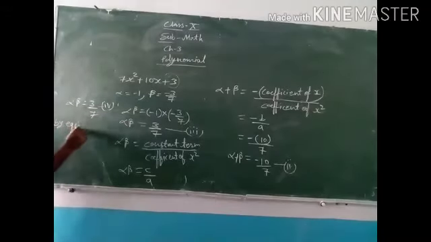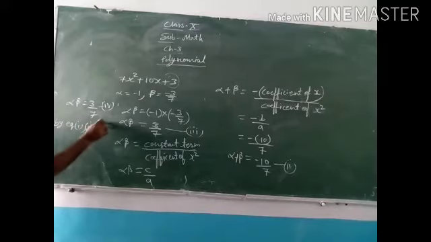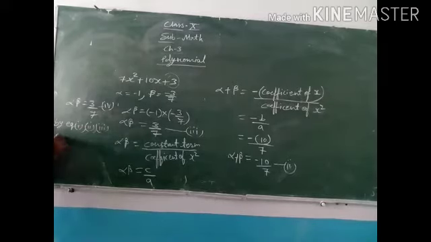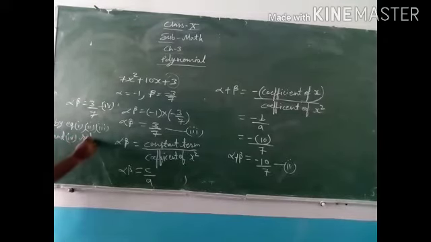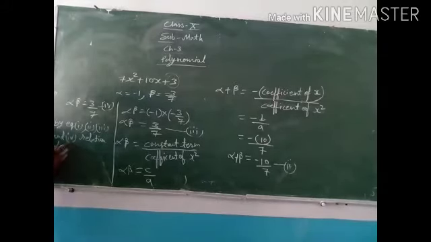So by equations first, second, third and fourth, the relation of zeros and coefficients is verified.